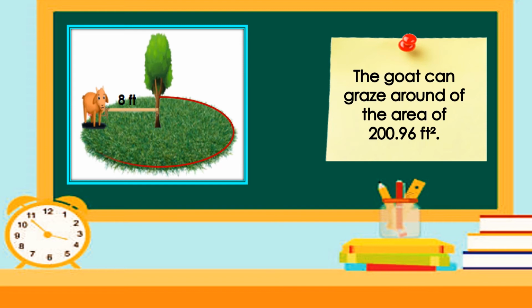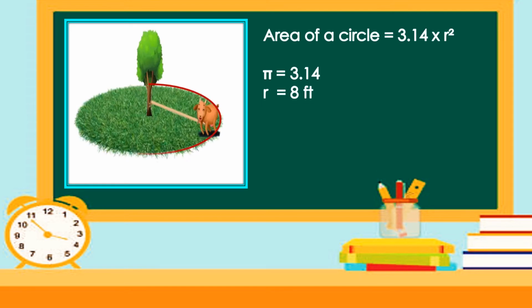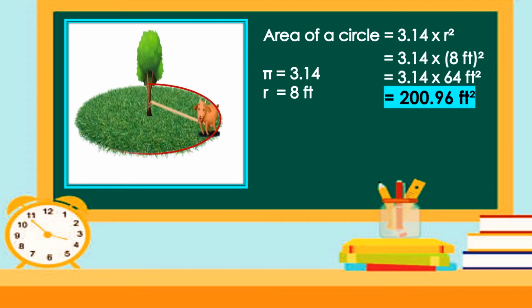Here's how the answer came up. With the control of the leash, the goat can only graze around a circular area. The area of the circle is 3.14 times r squared, in which radius is 8 feet. 3.14 times the square of 8 feet is equal to 64 square feet.